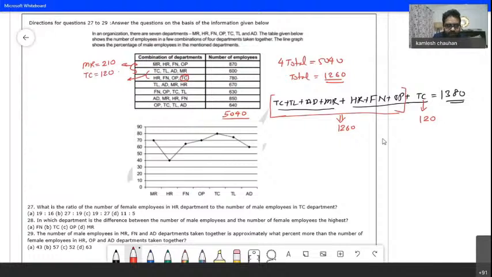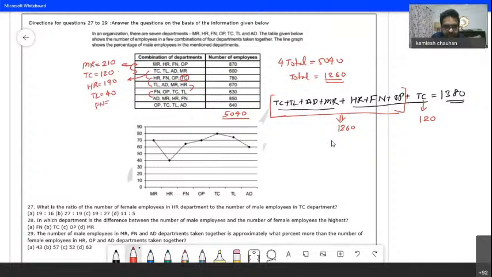Okay. Now let's do this one. The sum of these two, HR is coming twice. So 1450 minus 1260. So I'll get HR is equal to 190. Here, TL is coming twice. So 1300 minus 1260. So TL is how much? Just 40. Here, FN is coming twice.